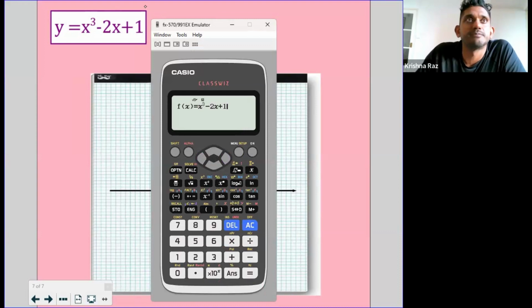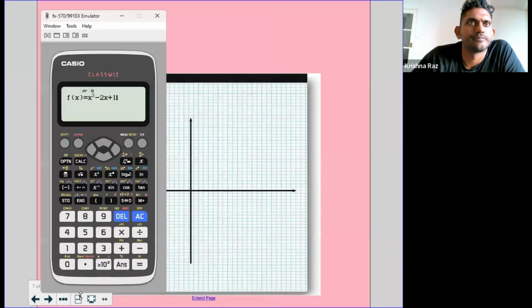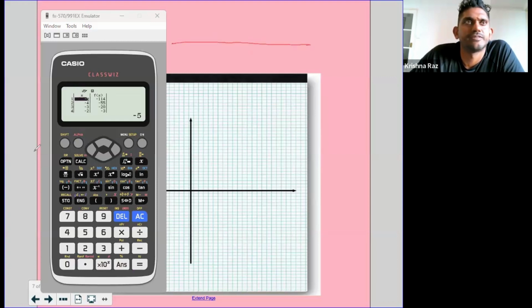It's going to be the same: we don't have second functions, we want it between minus 5 and 5, going up in ones. And there we go. So we have our values.